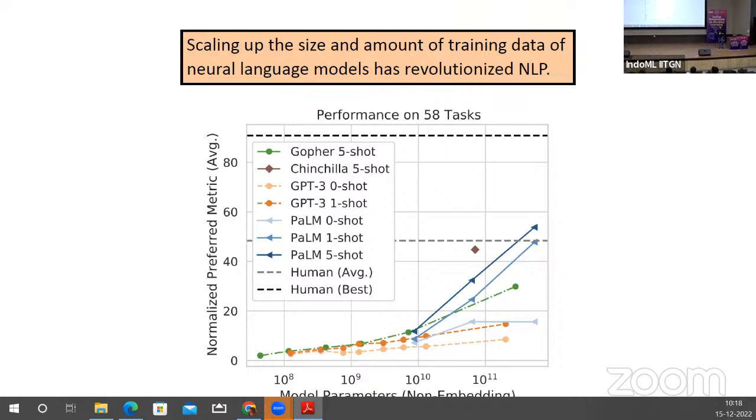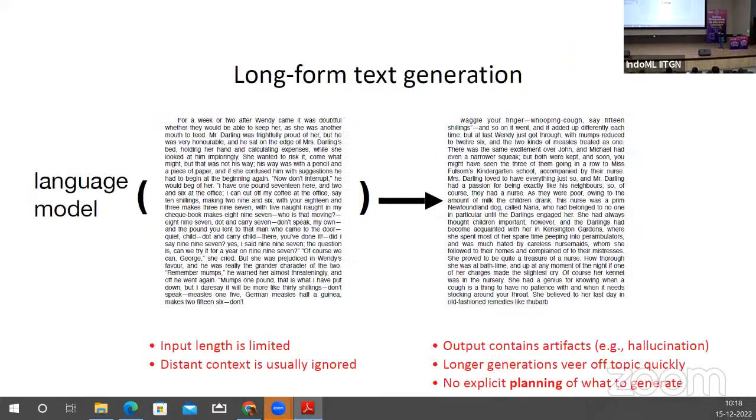So things like ChatGPT and PaLM, they're capable of things that many other language models are not. So all this to say that this very simple training objective of predicting the next word has kind of revolutionized the field of NLP.